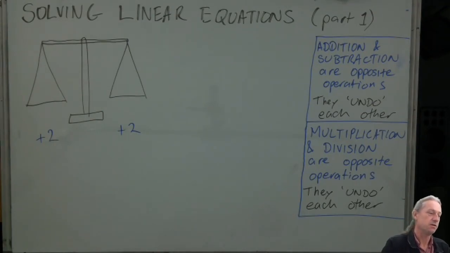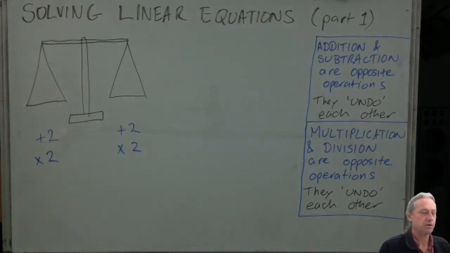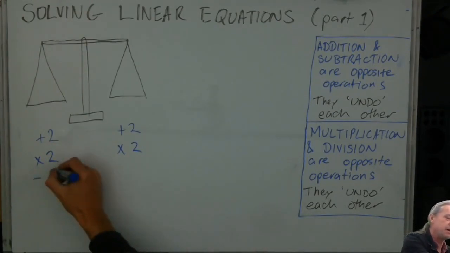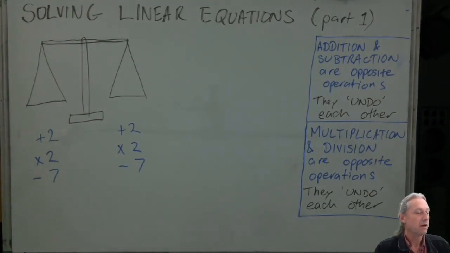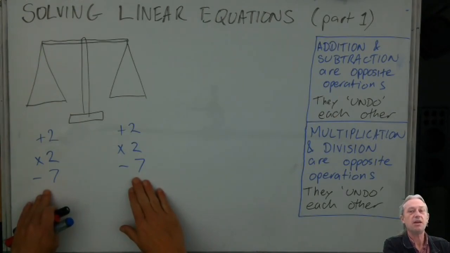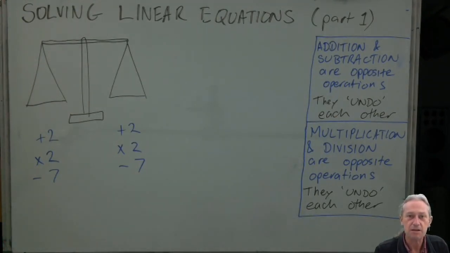We could double the size of what's on both sides, so we could multiply by 2, multiply by 2. We could take things off. We could take away 7, as long as we take away 7 things from there. And it doesn't really matter what you do, as long as you do the same thing on both sides, then the equation is always going to be balanced.